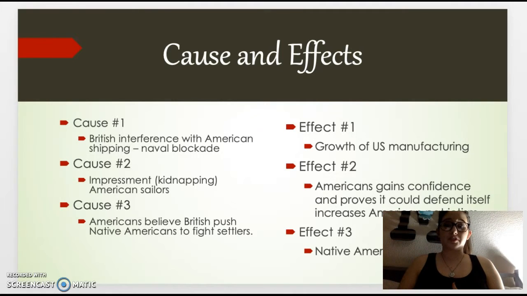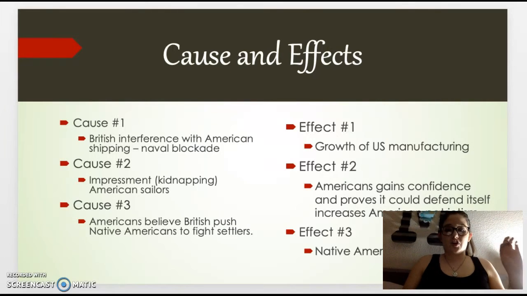Going down to cause number two, impressment, or kidnapping American sailors, which in turn affected how Americans gained confidence and proved to the world that it could defend itself, increasing American patriotism.